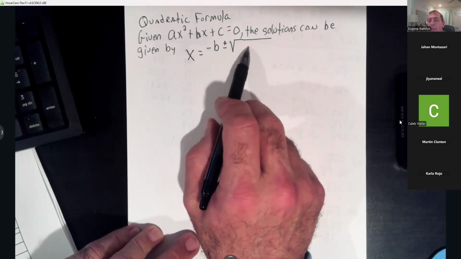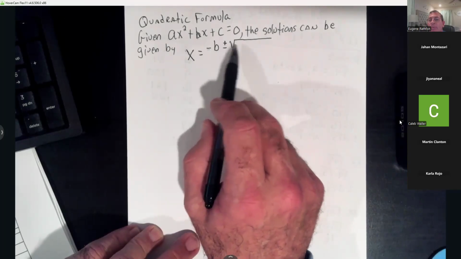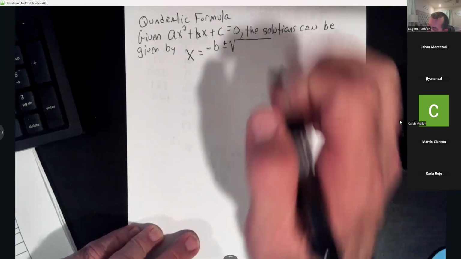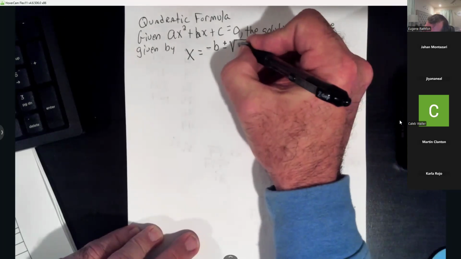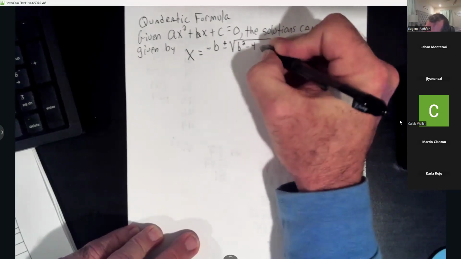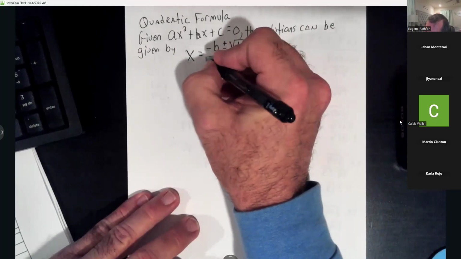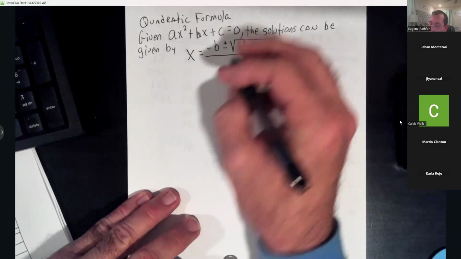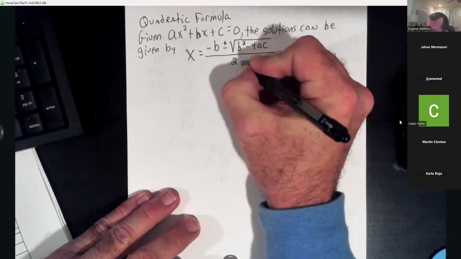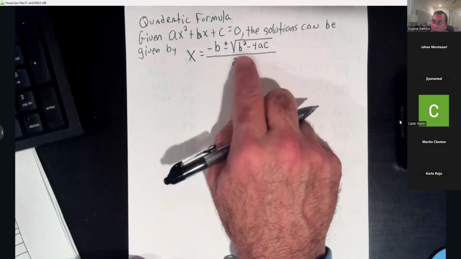I'm going to add what this gives me the first time to get my answer. Second time, I'll subtract what this gives me. Now, under this square root, you got b squared minus 4 times a times c. Everything is over 2 times a. So hopefully this is bringing back memories, okay?